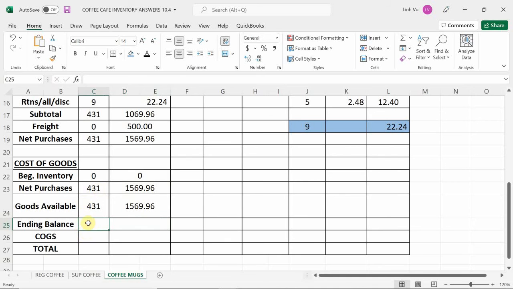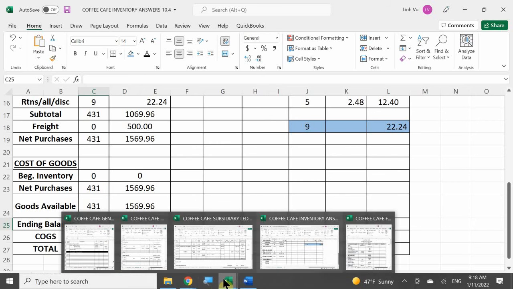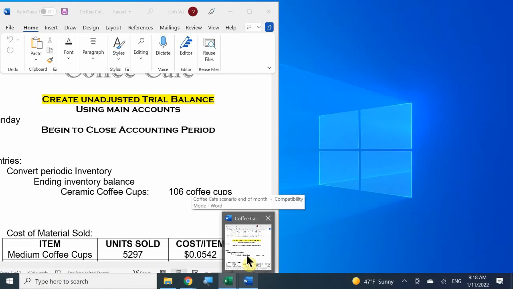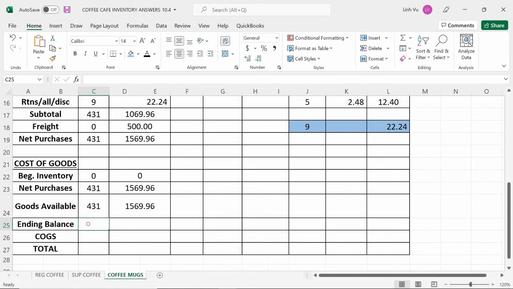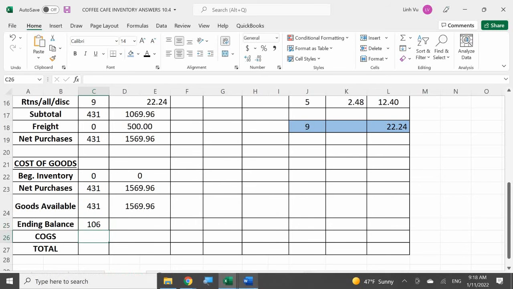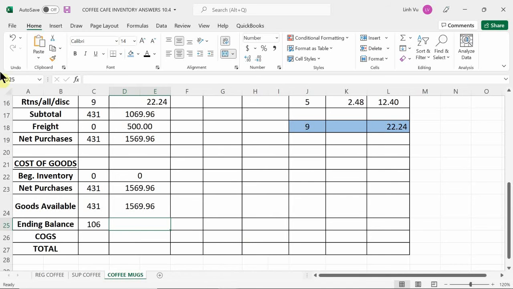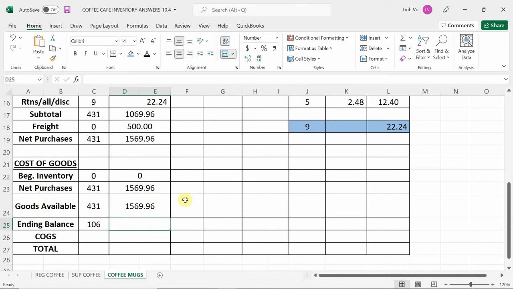So now we need to figure out our ending balance. How many cups do we actually have left on hand? 106 cups. So therefore, let's go ahead and solve for our average cost per item. How do you solve for an average cost per item?